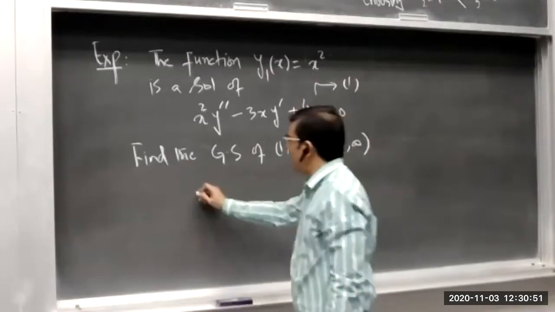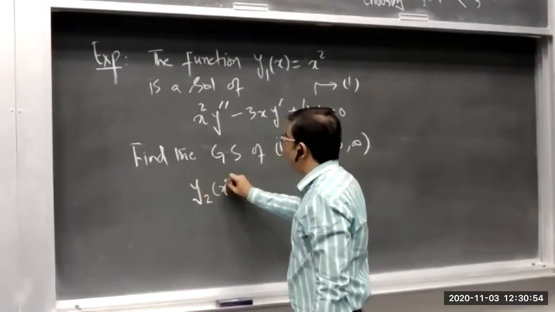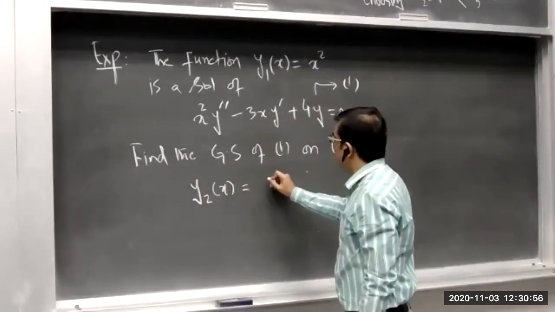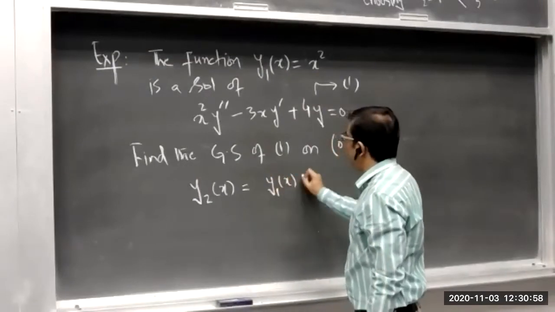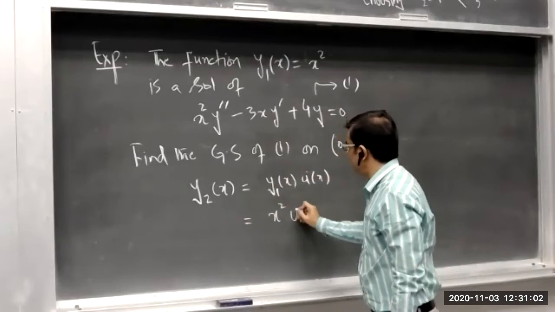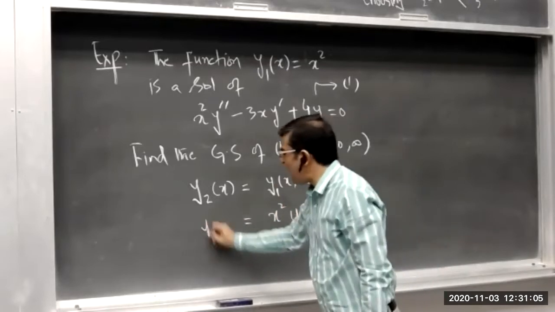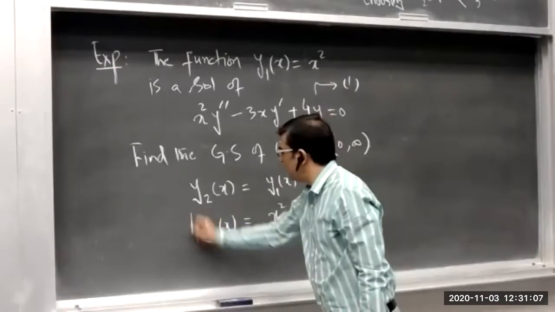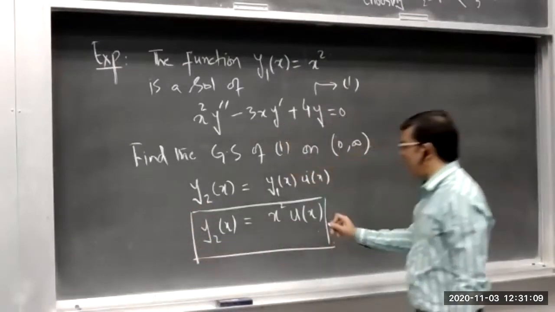Either you again assume that y2 of x is y1 of x times u of x. Here y1 of x is what? It is x square u of x. Now you have your transformation for y2.